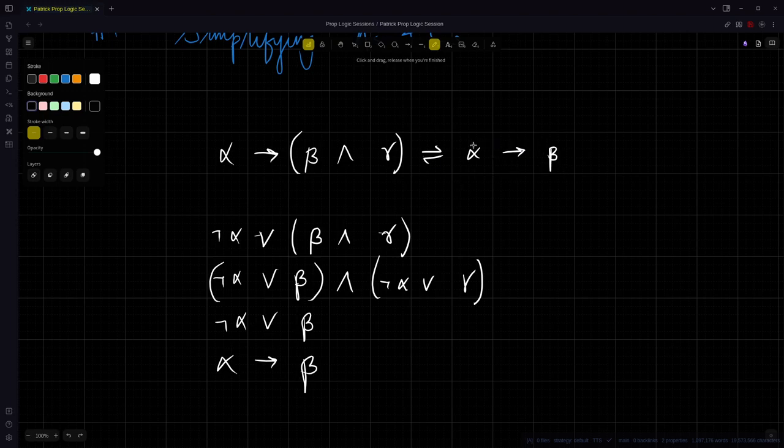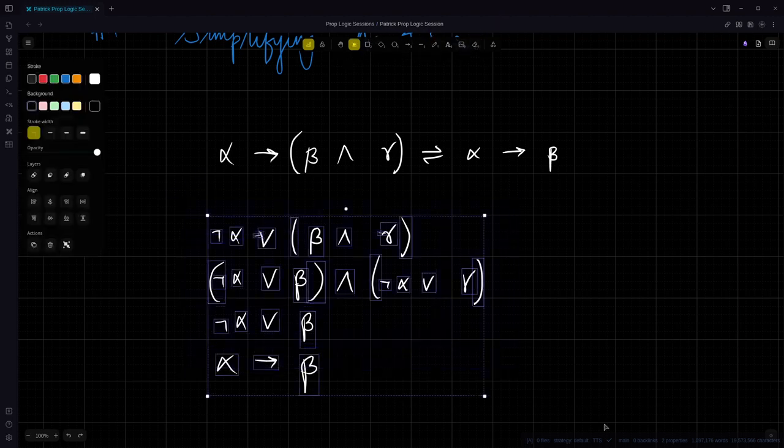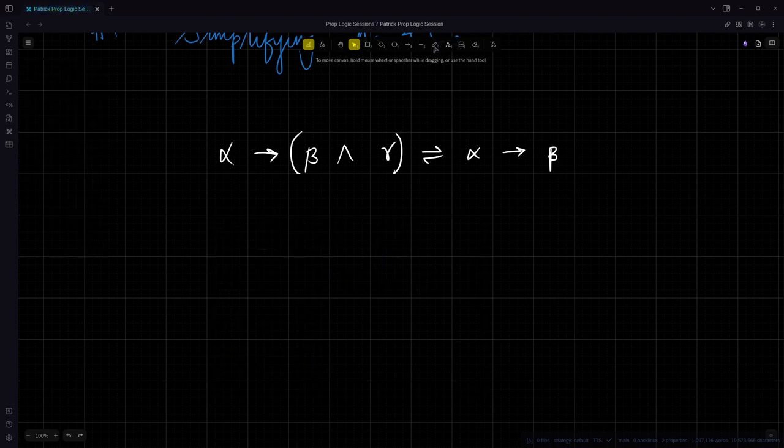Now you can do the same thing for gamma. You can just get alpha implies beta, alpha implies gamma using the same thing, right? You can just simplify this one out instead of this, so we pick the right-hand side. Yeah, exactly. So I'll just expand this.